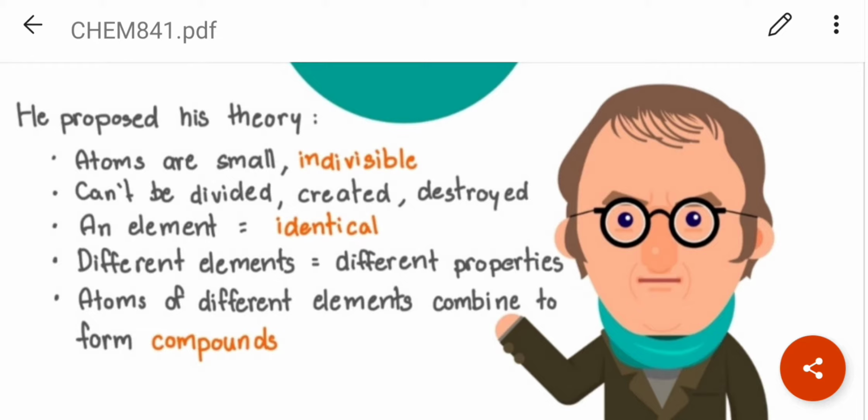They can't be divided, created, destroyed, and the atoms of an element are all identical, and different elements have different types of atoms which have different properties, and atoms of different elements combine to form compounds. For example, one atom of sodium combines with one atom of chlorine to form one molecule of sodium chloride.